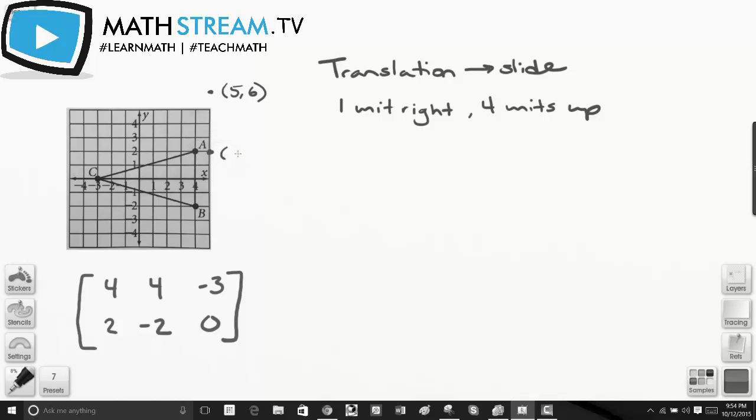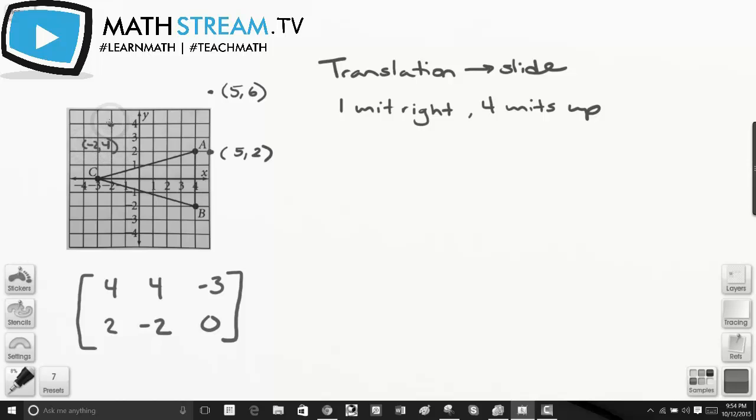So that's now 5, 2. And then we take C and move it 1 unit right and then 4 units up. 1, 2, 3, 4. So that's now negative 2, 4.